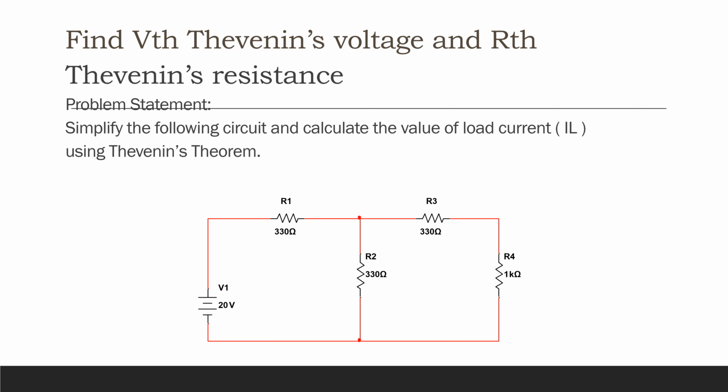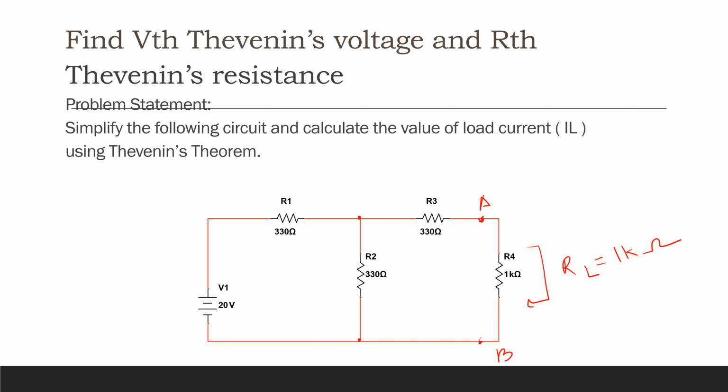This is the problem statement to find Thevenin voltage and Thevenin resistance. Simplify the following circuit and calculate the value of load current IL. Here, these are my points A and B, and this is my load resistor, RL equal to 1 kilo ohm.